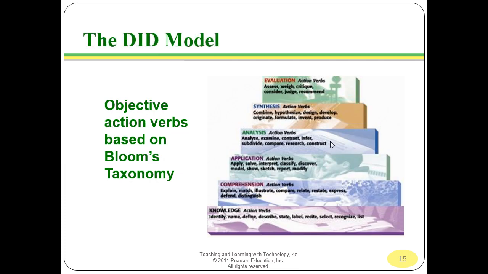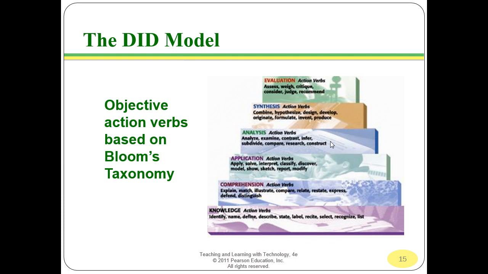Now, this is a really good graphic to give you some idea of how to write your objectives. Notice how we go from knowledge, which is the foundation of our pyramid, and each step involves a little higher cognitive process. But look at the action verbs at each one. Identify, describe, define, state, label, things like that.